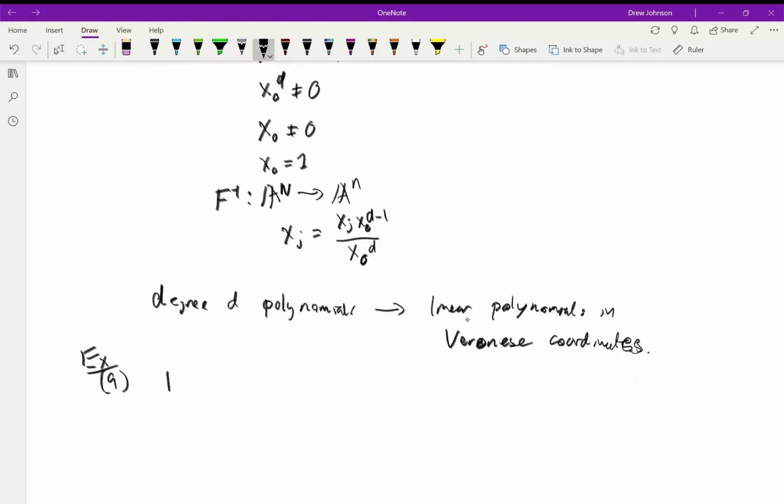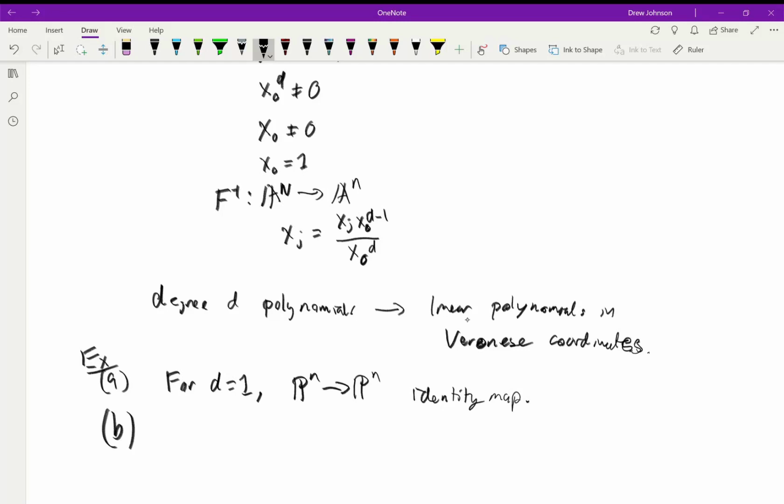So if you pick d equal to 1, the degree 1 Veronese, that's just Pn to Pn, the identity. Right, you just take all the degree 1 monomials, which is just x1 through xn, so you just get the identity.